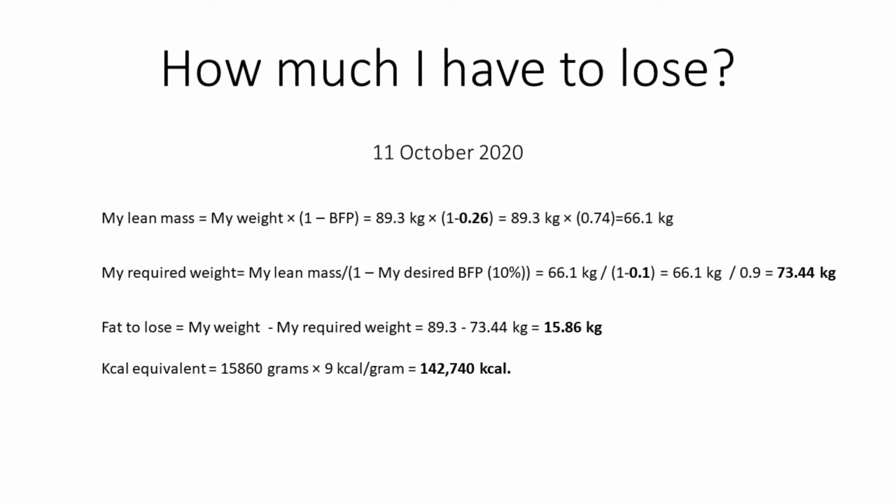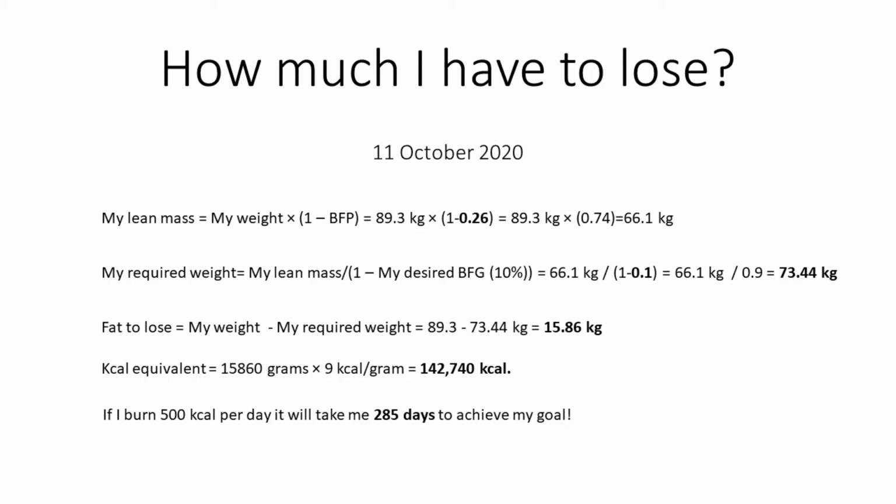As you remember, the BMI method has shown 144,000, and the fact that these two estimates are very similar means that I'm pretty much on the right track. But that also means that if I burn about 500 calories per day, it will take me about 285 days to achieve my goal.